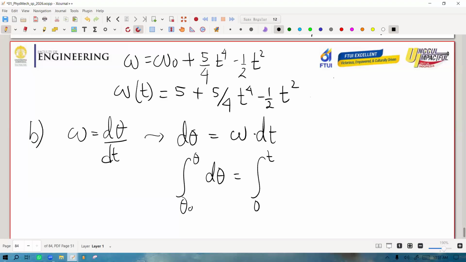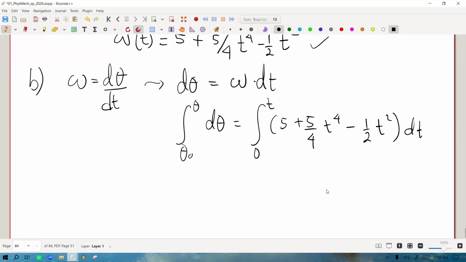So omega is here, right? So it's 5 plus 5 over 4 t power 4 minus half t square, dt. Okay, and then we do the integration.